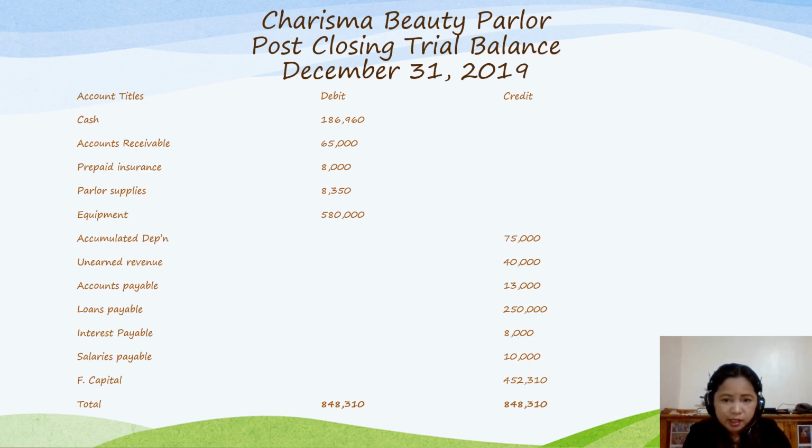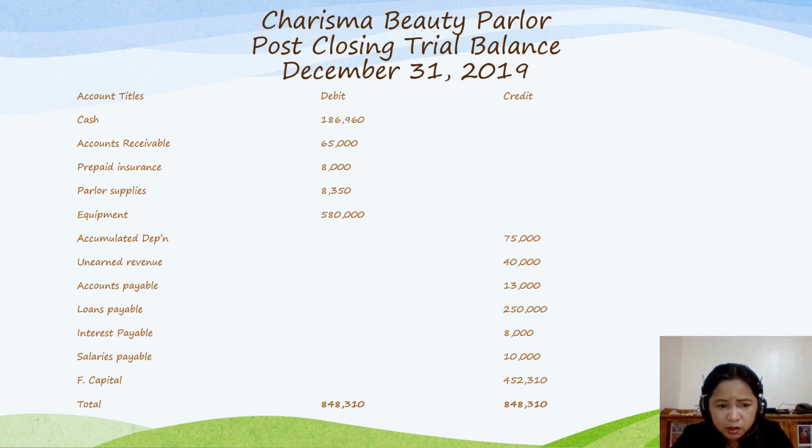For the total credits, we have 75,000 plus 40,000 plus 13,000 plus 250,000, and then plus interest payable of 8,000 plus salaries payable of 10,000 plus Fortalejo capital of 252,310, for 648,310. Why is it not equal?